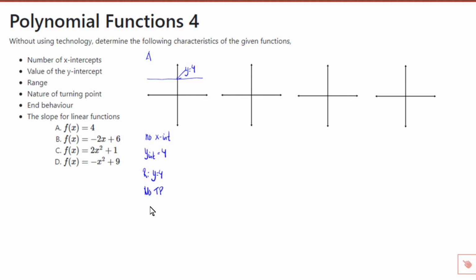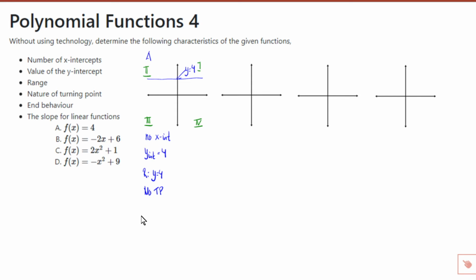End behavior, so the end behavior describes the quadrant that the function is in or enters on the left hand side, and the quadrant where it exits on the right hand side. So this will be quadrant 1, this is quadrant 2, 3, and 4.